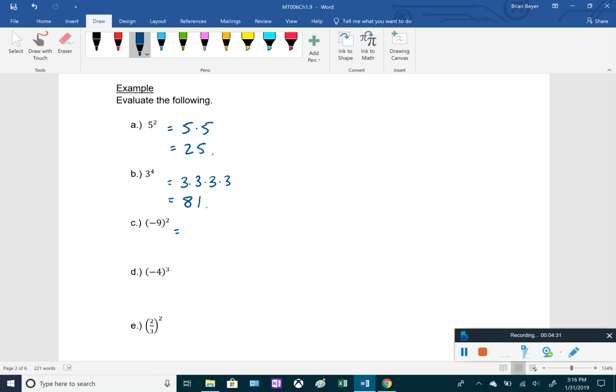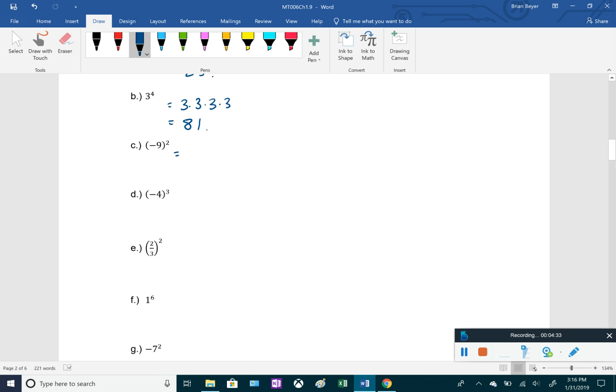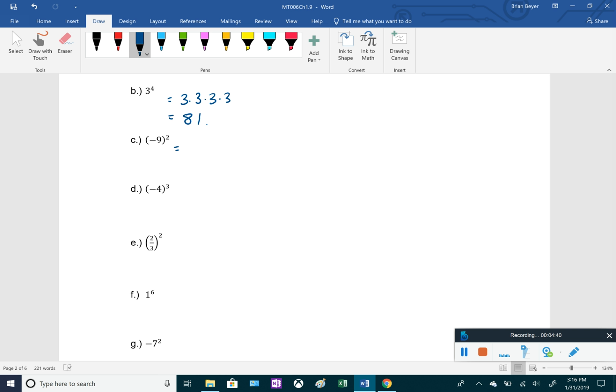Now let's see it get a little bit harder with these negatives. We have negative 9 squared. We have an even exponent, so we know a negative to an even exponent is going to be positive. If you weren't sure about that, you would just multiply negative 9 2 times. Negatives cancel, we get 81.